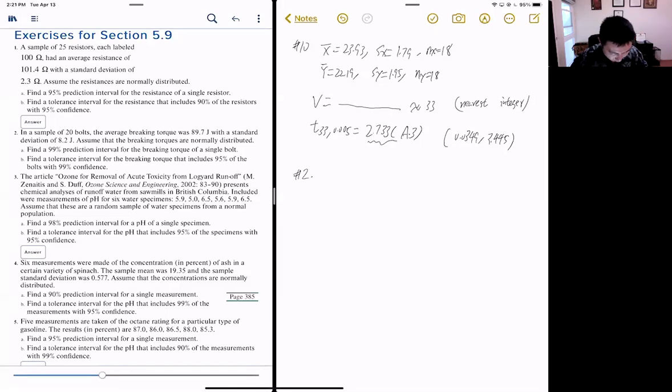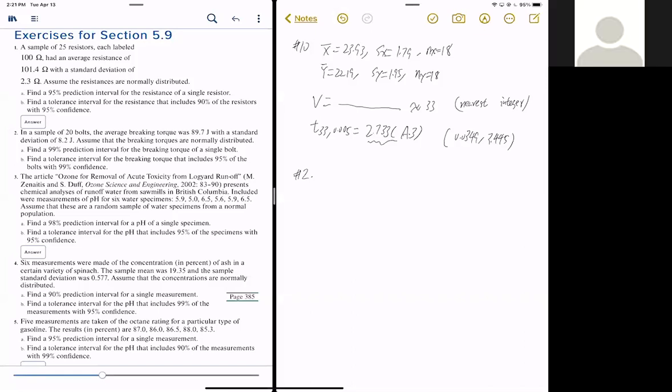So we have a sample of 20 bolts. Question number 2. The average breaking torque is 89.7 J, standard deviation 8.2. Assume that breaking torques are normally distributed. Okay, so that's the condition.